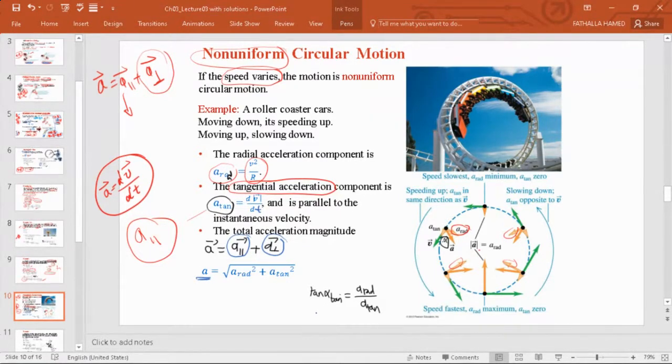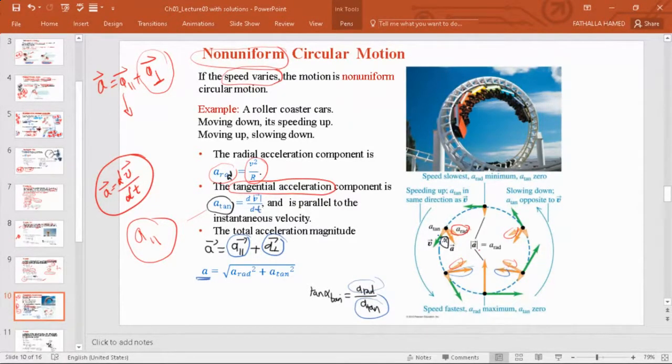And if you want the angle that the resultant acceleration makes, we say tan alpha equals A rad over A tangential, as we dealt with in a previous lecture.